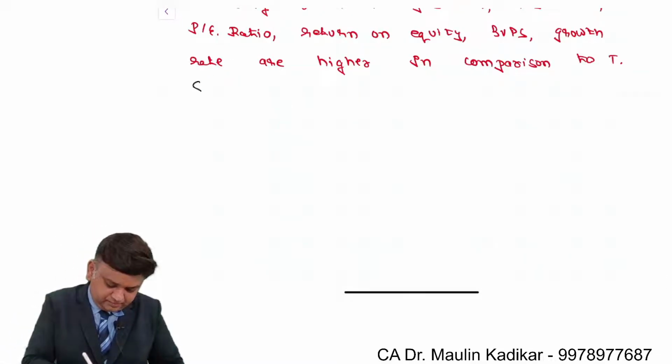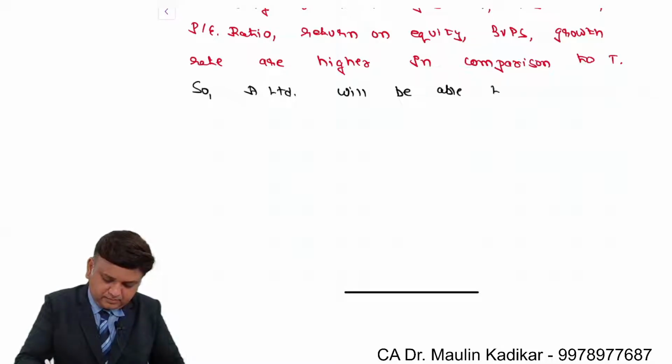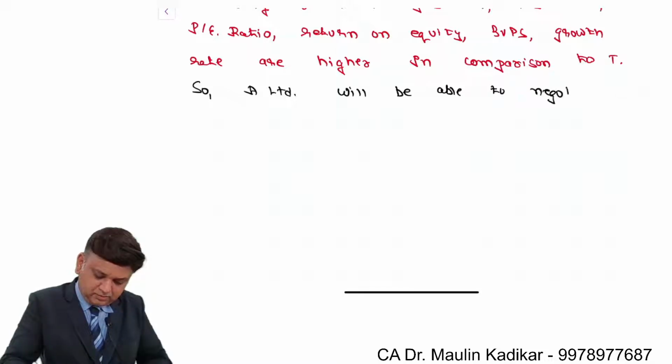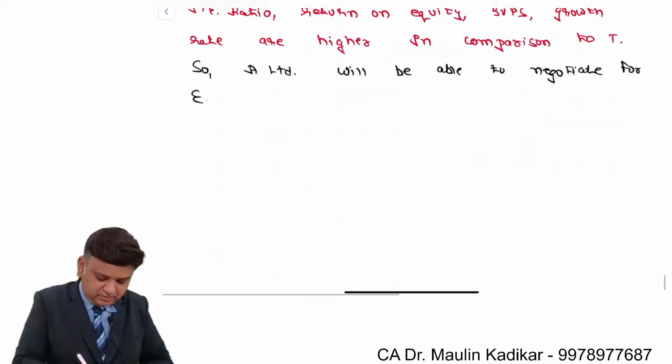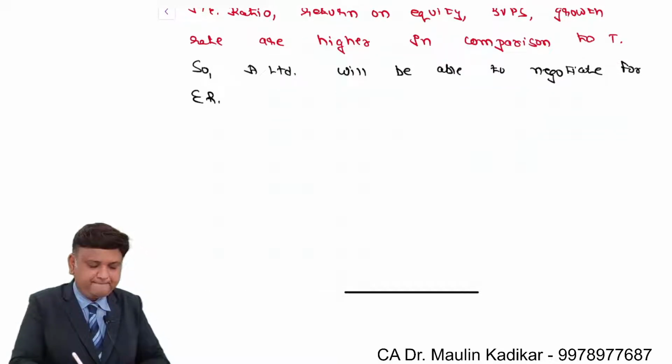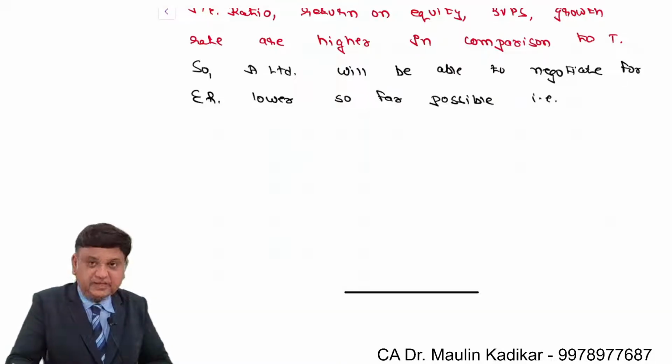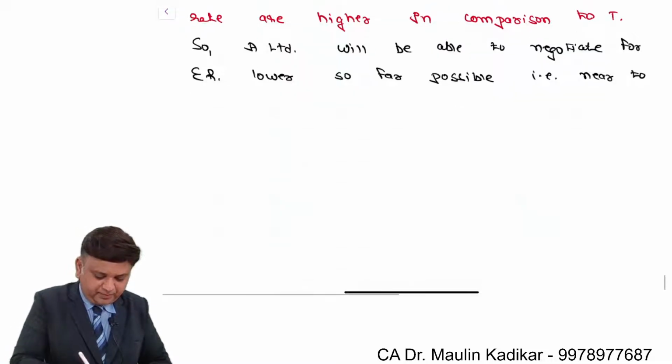So A Limited will be able to negotiate for an exchange ratio as low as possible, that is near to 0.3750.